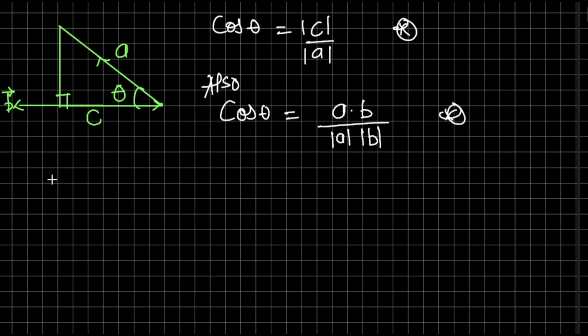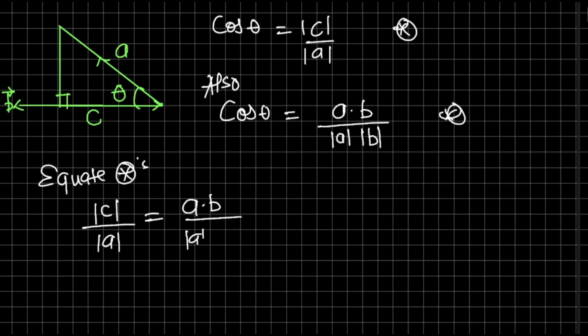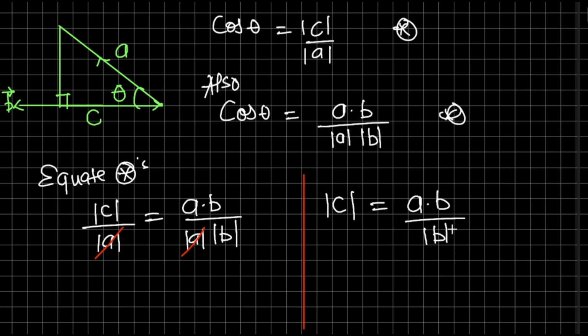So if we equate the equations, we're going to have that magnitude of C over magnitude of A equals A dot B all over magnitude of A multiplied by magnitude of B. So magnitude of A and magnitude of A will cancel each other, and we have that magnitude of C equals what? Therefore magnitude of C equals A dot B all over magnitude of B. And this is called the scalar projection.